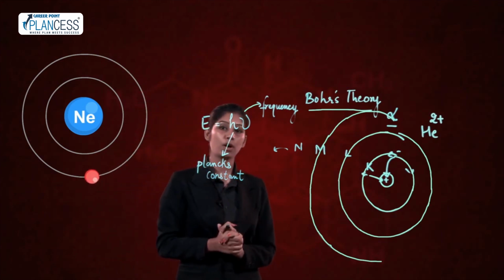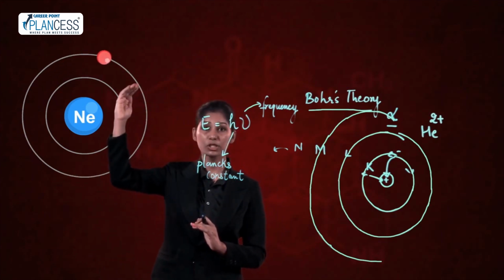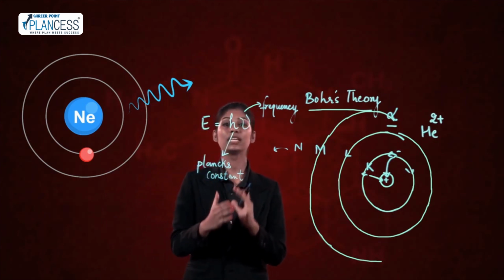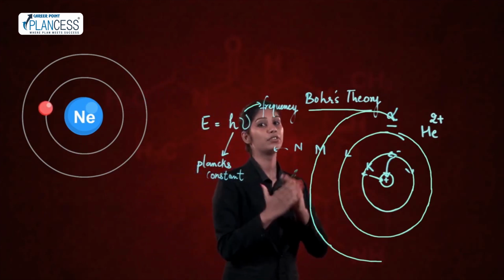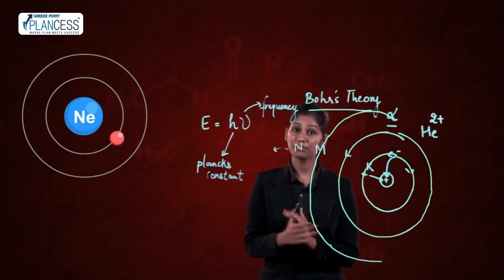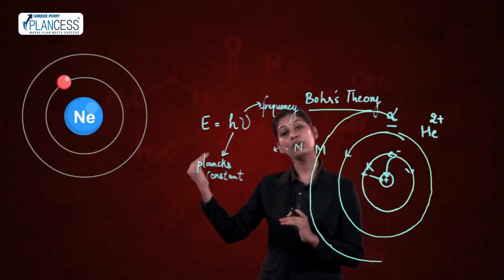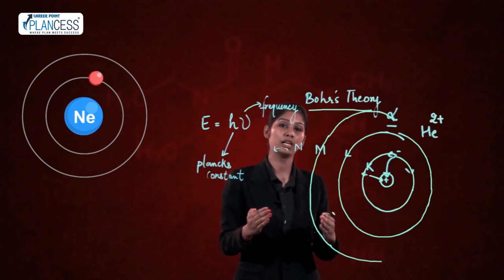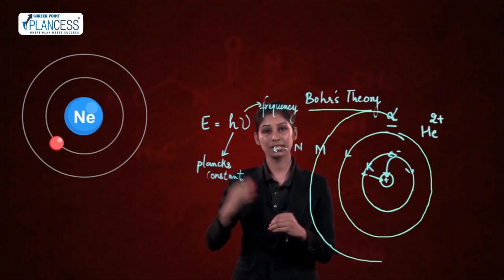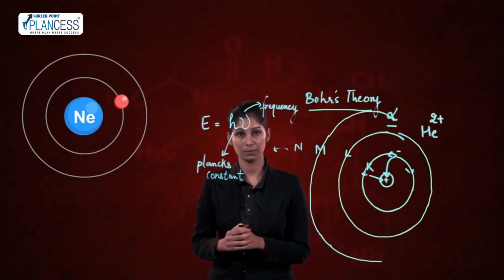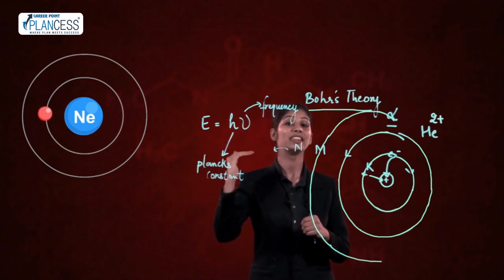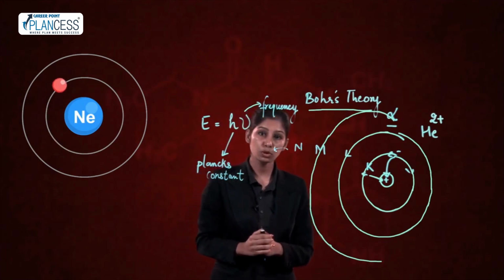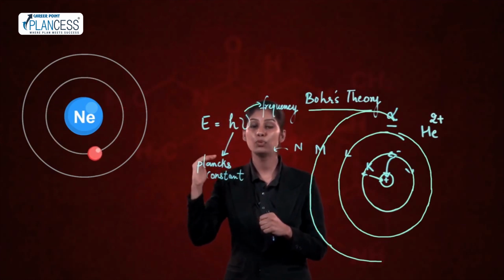Similarly, an electron present at a higher energy level can come down to a lower energy level by losing energy in the form of radiation. Because if the electron is coming to the lower energy level, which has lower energy compared to the higher energy level in which it is present, it has to lose that much energy and make its energy equal to the energy of the level in which it is coming.